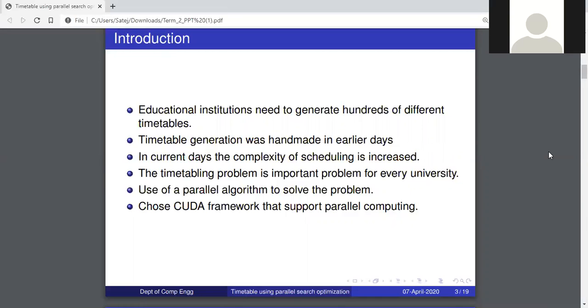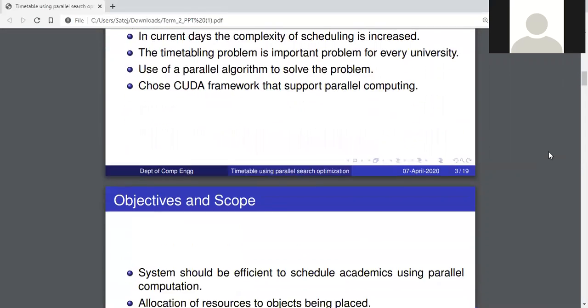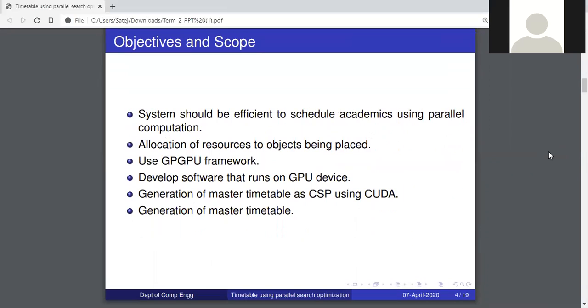We are using a parallel algorithm to solve this problem. Also, we are using the CUDA framework for this parallel computing. Objectives and scope. The system should be efficient at scheduling academics using parallel computation.